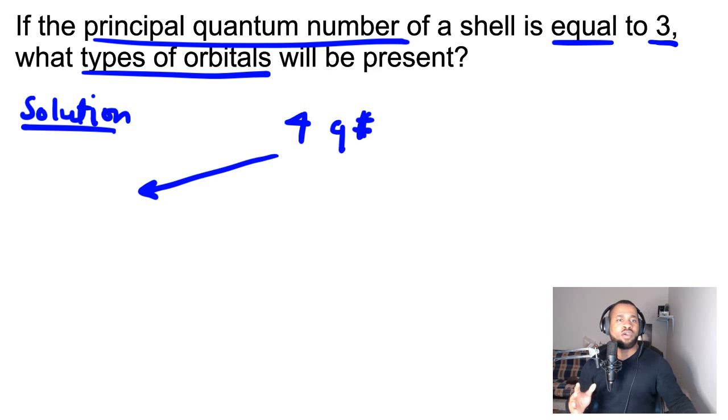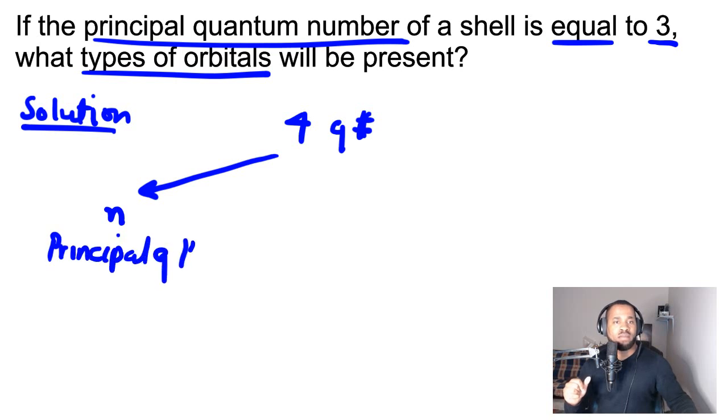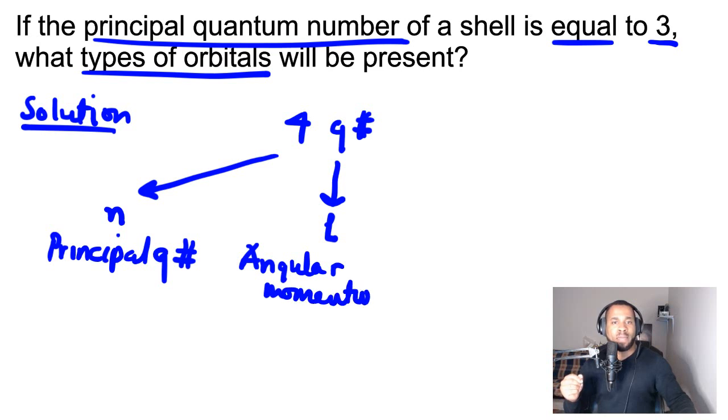We have the quantum number represented as n, and n is called the principal quantum number. The next one is L, which is called the angular momentum quantum number.